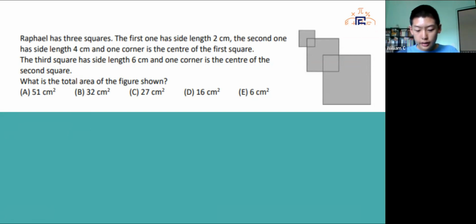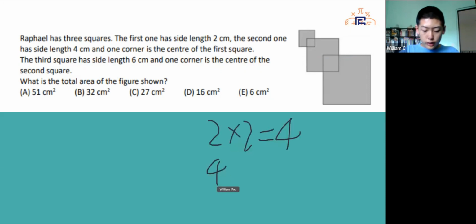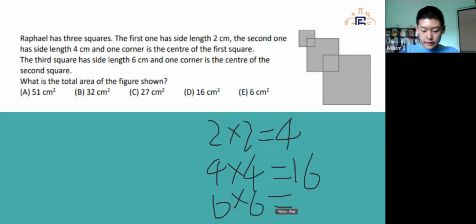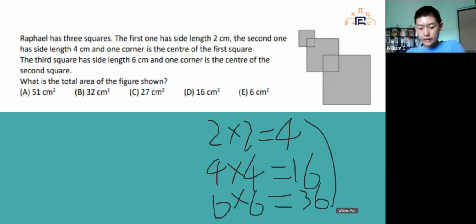Okay, so let's talk about this. The areas of all the squares: the 2 by 2 one is 4, the 4 by 4 one is 16, and this 6 by 6 one is 36. Add these up, we got 56.